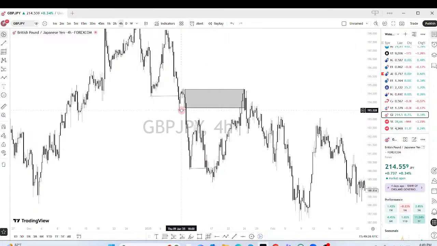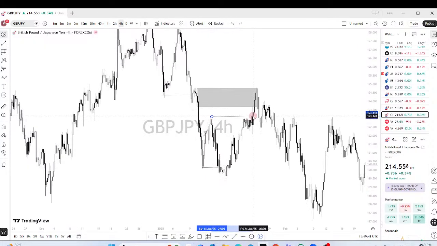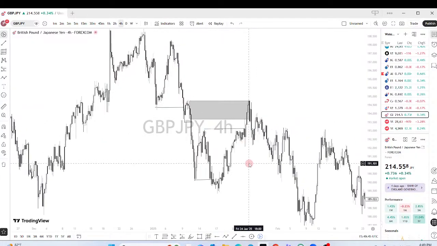Then we mark the candle out. Where is our liquidity? Do we have a liquidity here? Yes. This is our liquidity, where price swept and then tapped into it. Do you understand? Price swept this liquidity and then tapped it, and then you see this massive move.